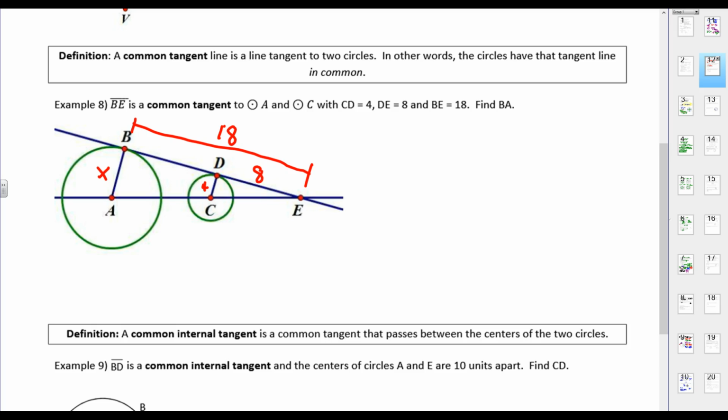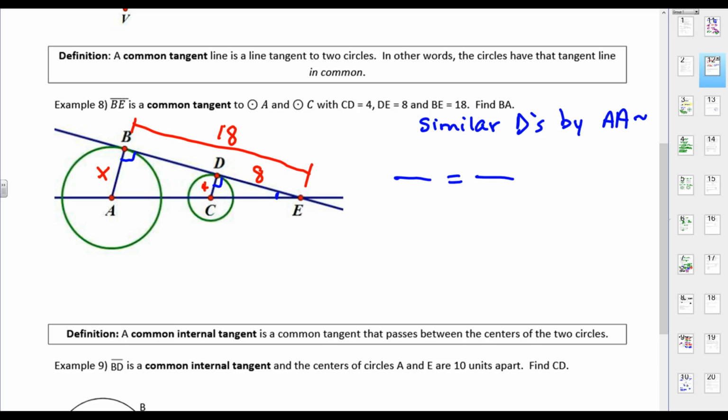Now, if you look at these guys, they share this angle E. Angle E is a shared angle, and they both have a right angle, which means that these 2 triangles are similar by angle-angle similarity. So I have similar triangles by AA, which means I can solve these by proportion. Since they're similar, their sides are in proportion.